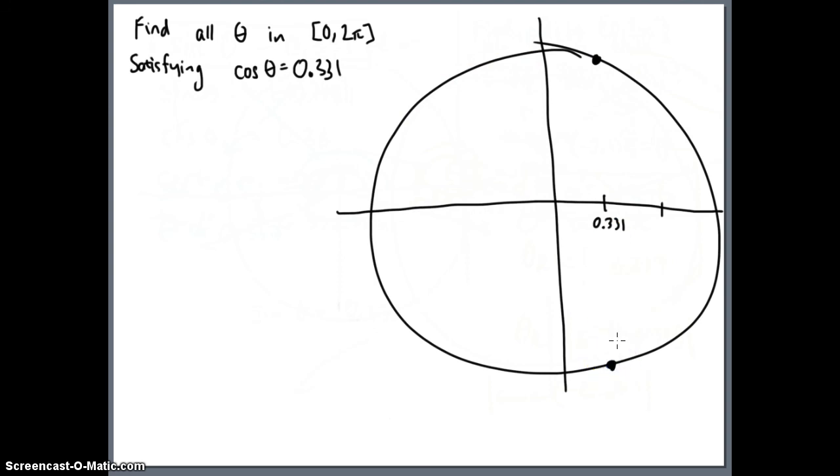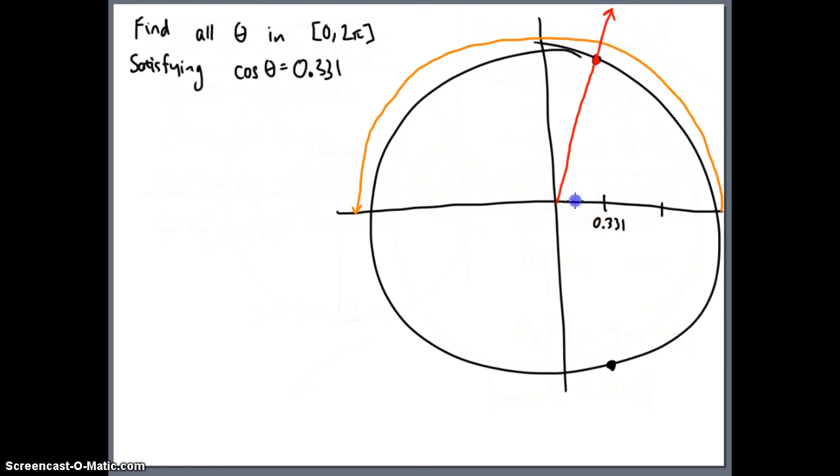Now if you recall, cosine inverse is always going to give you an angle between 0 radians and pi radians. So there are always these two solutions on the unit circle, but cosine inverse is going to give us this solution right here.